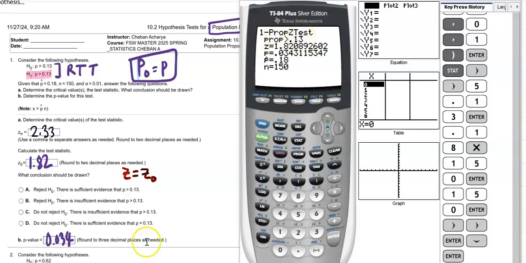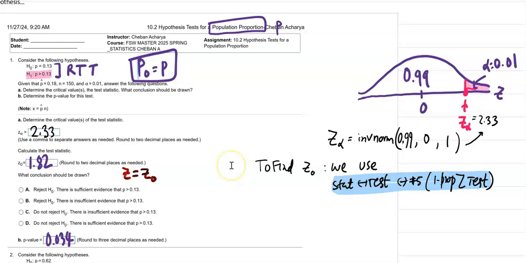Okay, now the big part here is the conclusion. What conclusion should be drawn? To draw the conclusion, there are two ways to check it. One is the p-value method, the other is the classical method. Let me show you the classical method. In the classical method, as I mentioned before, you need the critical value and test statistic to test the hypothesis.